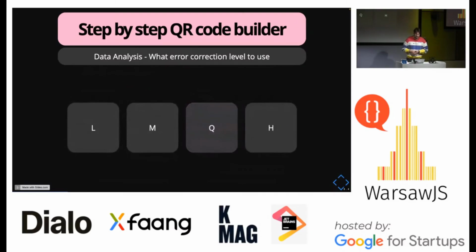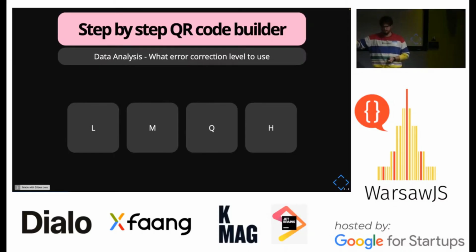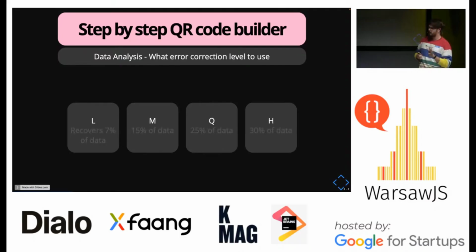Then QR codes have something called error correction level. This is more interesting. Here we have to choose how much data we want to recover when the QR code is scratched or missed, or when you run with your phone and try to scan the QR code because you want to go to the metro, the subway, and it's still able to scan it. And everything is thanks to error correction codes, which will come later, but now we have 4 levels of them.